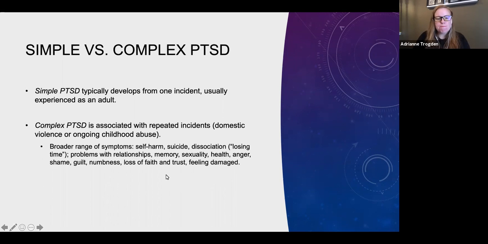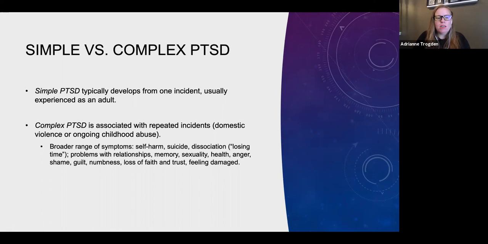So if we're looking at complex PTSD, as you see with this broad range of symptoms, it is harder to treat. And then you add the addiction layer onto that, now we're getting very difficult. Simple PTSD is not any easier necessarily to treat, but it can all be linked to one particular incident usually.